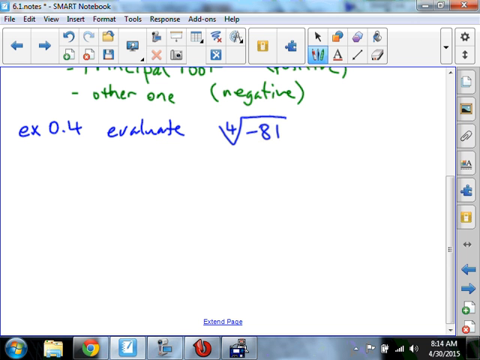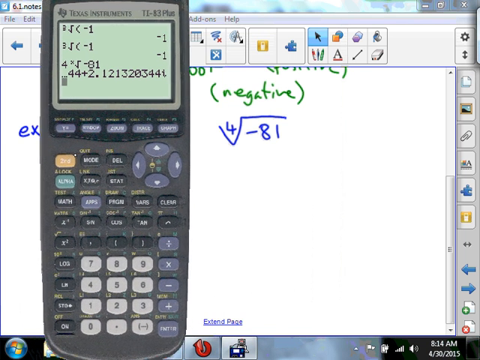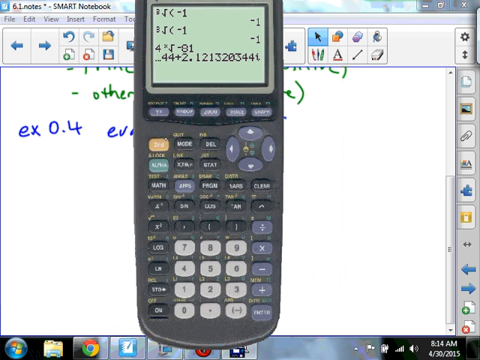Well, let's ask one of our calculators. Negative 3? Let's see. Math, x root, fourth root of negative 81. Now it says it's 2.12 plus something. Plus what? I don't know. So let's run over and see. Oh, there's an i in it.